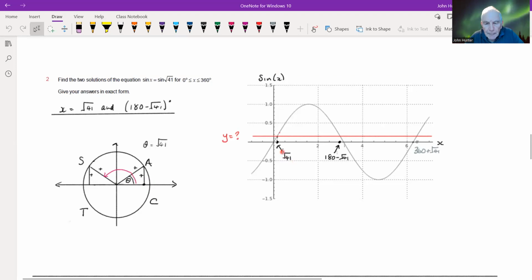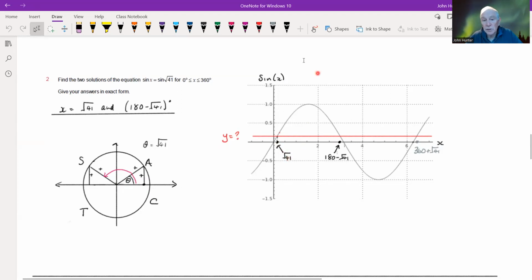So if we look at this, then we're actually saying there is a solution here. Regardless of what this line is, we don't need to calculate it. We could, but we don't need to. This value along the x-axis is the square root of 41 degrees.